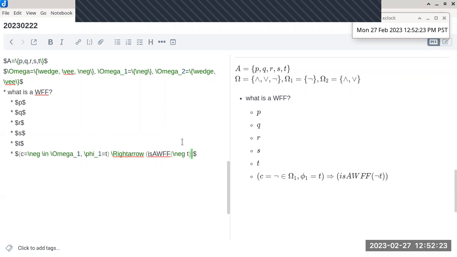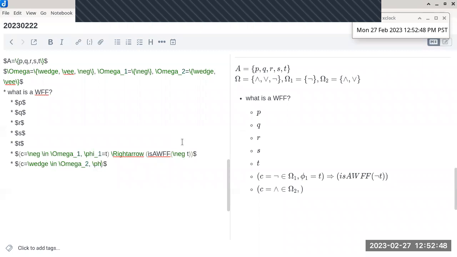All right, so let's try to work out a few more examples. This time I'm going to choose C to be the conjunction operator, and this is going to be in omega 2. The reason I want to be clear that this is in omega 2 is to emphasize that conjunction requires 2 operands.